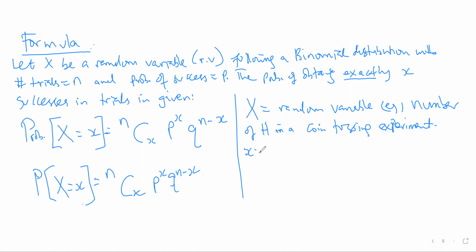Then x, these are the possible values, and they take the numbers 0, 1, all the way to n, where n is the number of trials. This is also the number of successes.